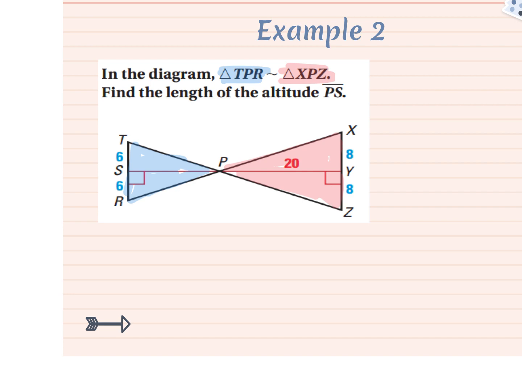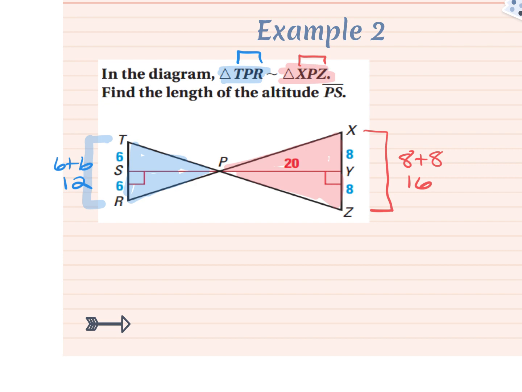So here what we need to do is we need to find the scale factor or find a ratio of some corresponding sides. Now the only sides that have numbers in the blue one is this side TR here. And TR, it's the first and the last letter. And you're going to see that it's going to correspond to the XZ in the red triangle. So to find the length of XZ, I'm going to add 8 plus 8, and the length of XZ is 16. For TR, it's going to be 6 plus 6, and TR has a length of 12.